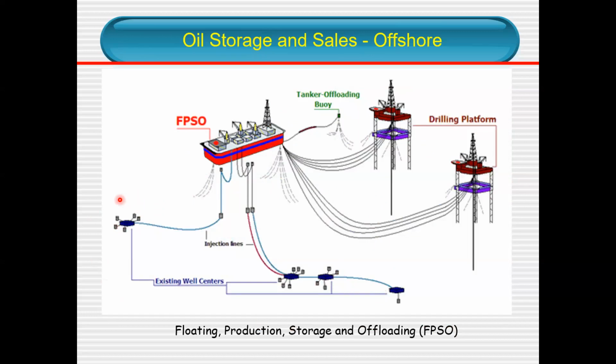These are all subsea wellheads down there. Because of the deep water, it is not economical for you to build a legged platform. It is better off to make use of these subsea facilities, well center facilities over here to produce the oil straight to the FPSO.